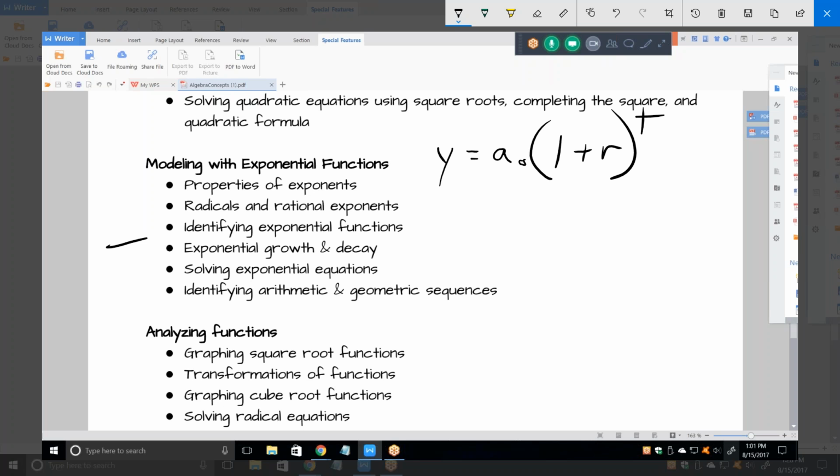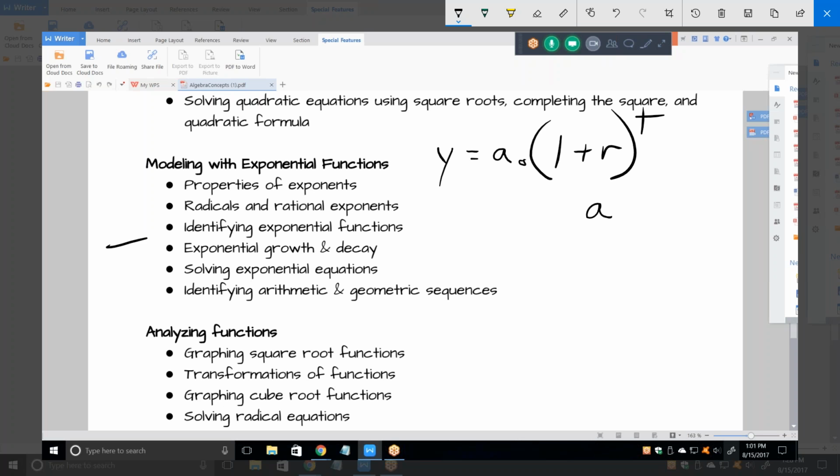That is the exponential growth function. Let's say that you took $100 and put it into a bank account, and they're going to pay you 4% per year for 5 years. What is your bank account going to be worth at the end of 5 years?